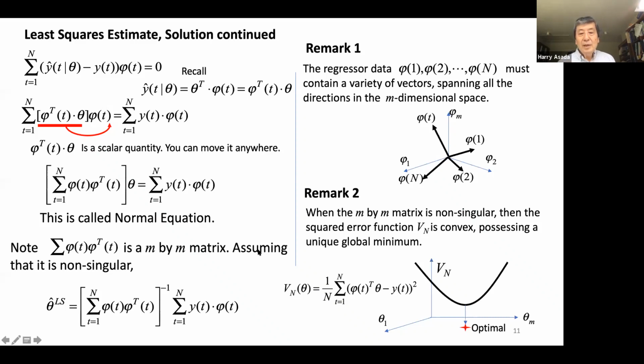Okay. Second remark, when the m by m matrix is non-singular, we get a unique solution, right? There's no ambiguity, no second best and third best or whatever. It is the optimal one, just a single solution. And this is a very strong condition, and sometimes that is not the case. For instance, I plot this guy in the parameter space, theta 1 to theta m, versus Vn plotted here.